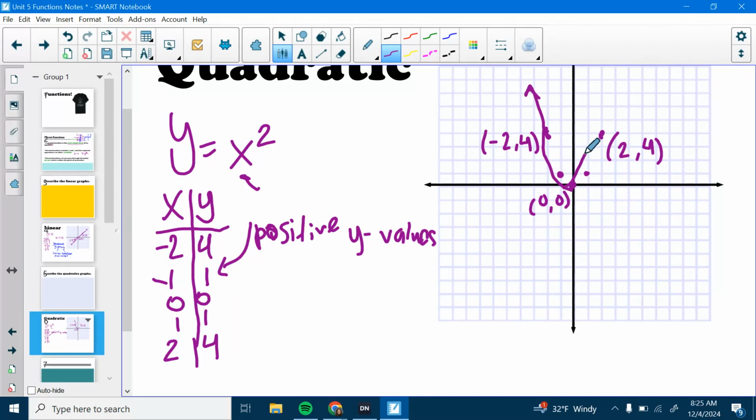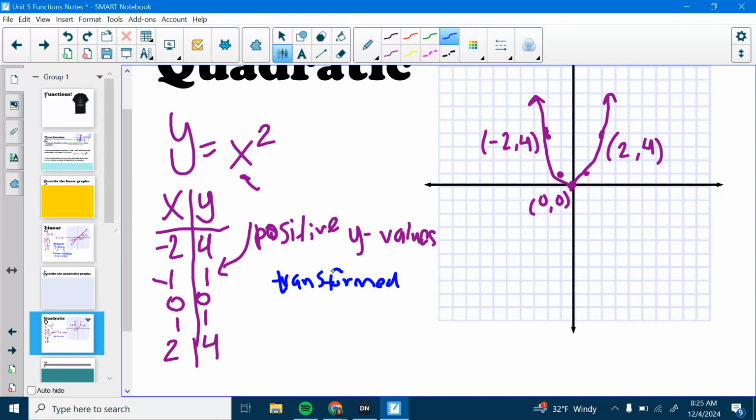And I have my nice U shape. That is not a nice U shape. Let's try to make it a little better. Okay, there we go.